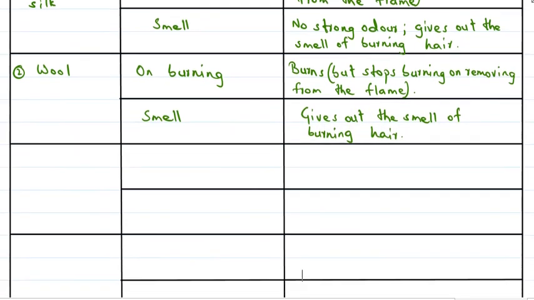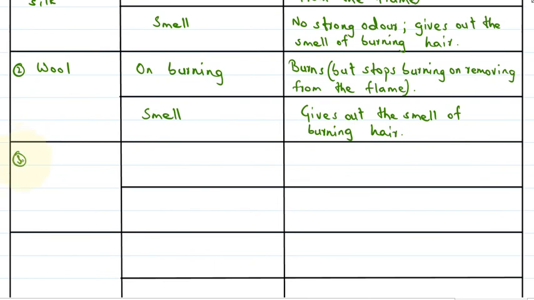Then let's talk about the next fiber, that is artificial silk, which is rayon. So what happens on burning?